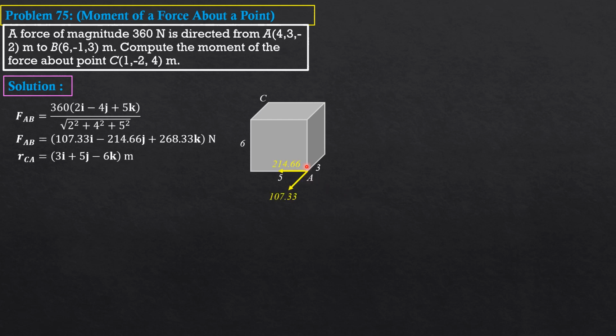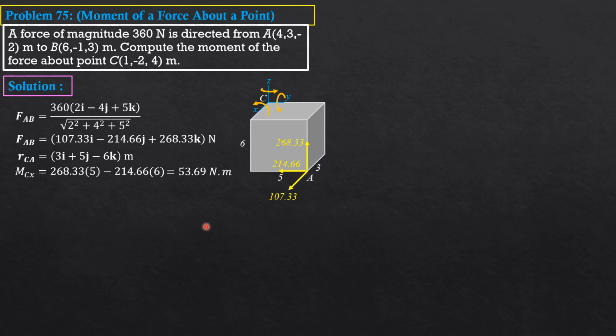So these are the components of the force, and we have X, Y, Z at C, then our guide for positive moment. So the moment about Cx by the scalar approach is 268.33 times 5 positive, then minus 214.66 times 6. So MCx is 268.33 times 5 minus 214.66 times 6.